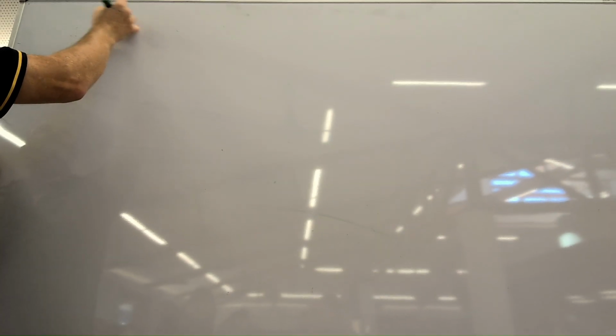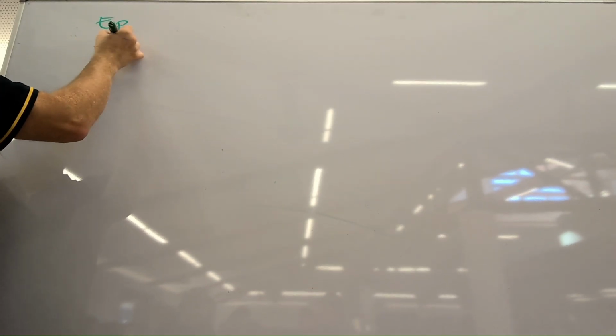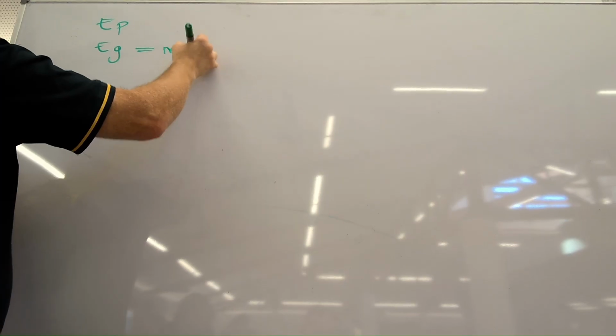So now we're going to talk about a store of energy, EP, potential energy. In particular, gravitational potential energy, which we can use EG. Okay? And the equation that we have to know is mgh.